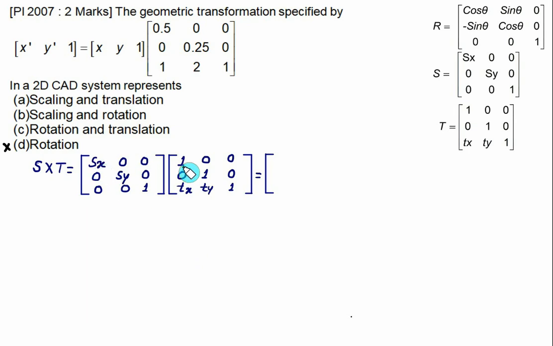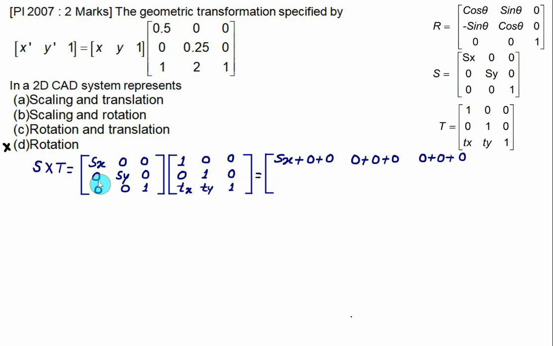Row 1 and column 1: sx into 1 is sx, 0 into 0 is 0, 0 into tx is 0. Row 1 and column 2: sx into 0 is 0, 0 into 1 is 0, 0 into ty is 0. First row and third column: sx into 0 is 0, 0 into 0 is 0, 0 into 1 is 0.